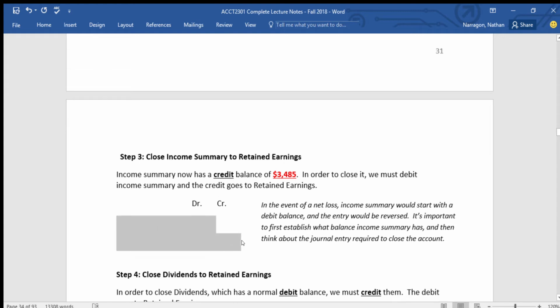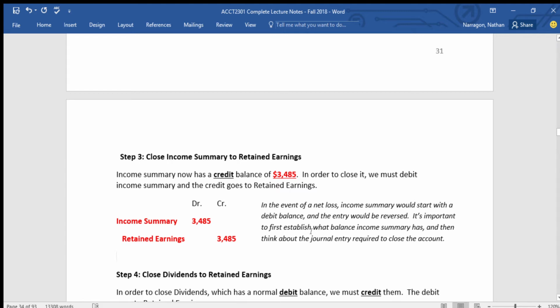So since it's credit right now, to close it out to bring it to 0, we must actually put it as a debit. And then we take retained earnings and credit for the amount. So again, it shows in our retained earnings that we made a profit for that year. Yay! But that's not the last part.